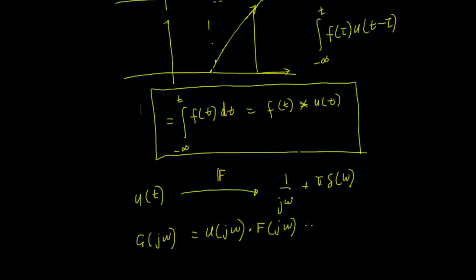Okay, so it means that we can then rewrite that, well, our u of j omega is the Fourier transform of u of t, which is this here, and then we're multiplying it by f of j omega. So the final thing that we're going to have is 1 upon j omega times f of j omega plus our pi delta omega times our f of j omega.